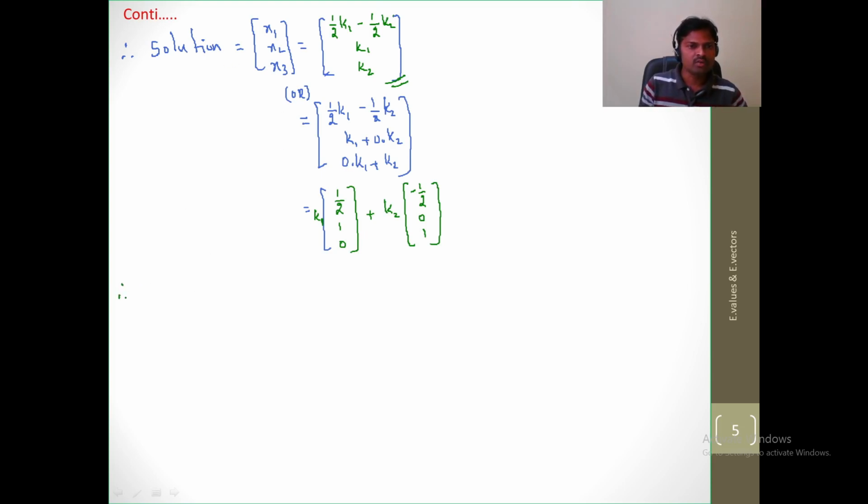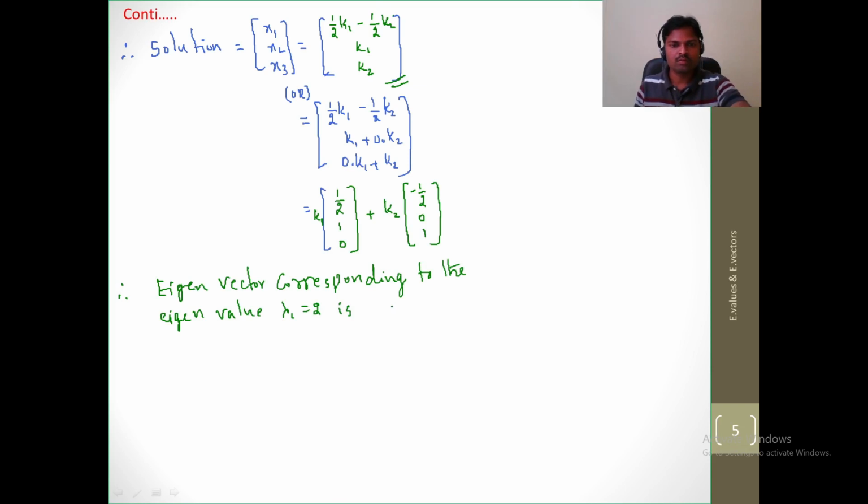So therefore the final conclusion is, the eigenvector corresponding to the eigenvalue lambda 1 equal to 2 is, what is that? x bar is nothing but the eigenvector, right?